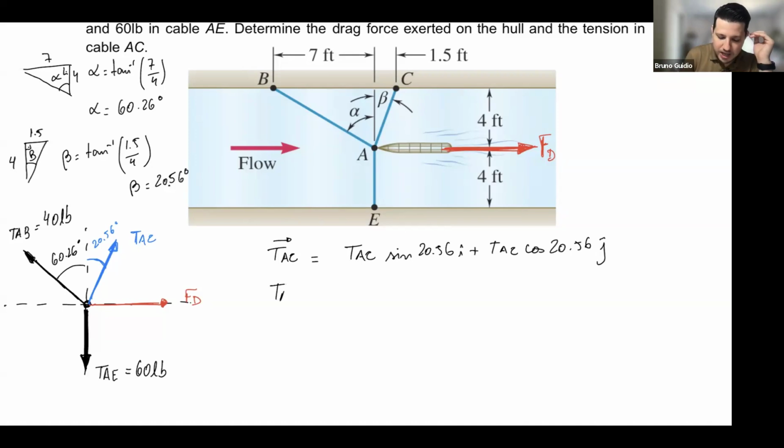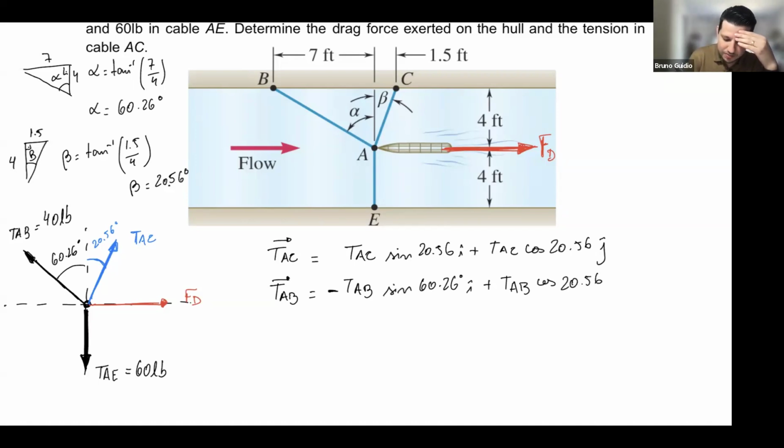For TAB, its component is going to be positive in y, negative in x. So TAB: negative, sine 60.26 degrees, and positive TAB cosine of 60.26. Actually, sorry, my typo here: TAB is known. So TAB is 40. Let's put already 40 here.